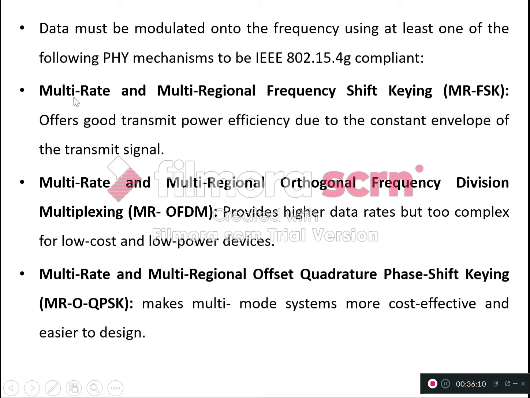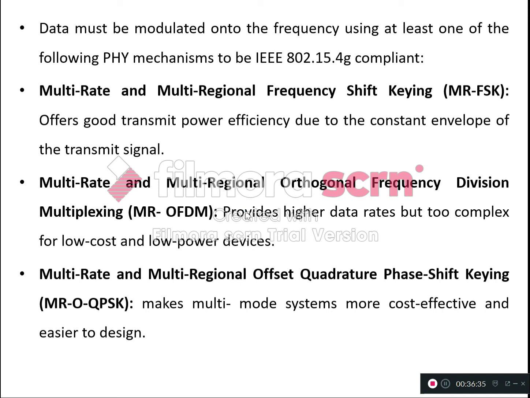They are multi-rate and multi-regional frequency shift keying, which offers good transmit power efficiency due to constant envelope of transmit signal. The other one is the multi-rate and multi-regional orthogonal frequency division multiplexing, MR-OFDM, which provides higher data rates but is too complex for low cost and low power devices.